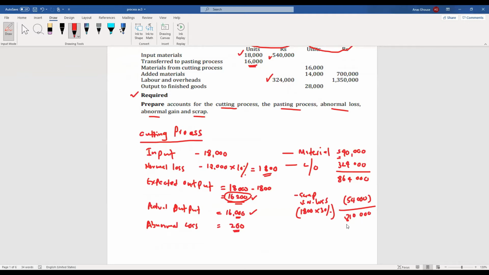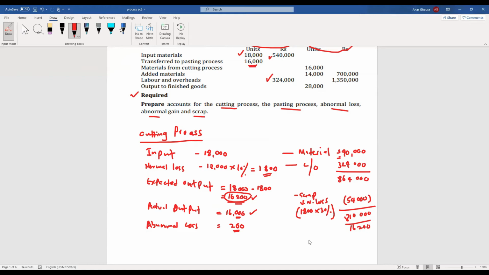This cost has to be divided by our expected output of 16,200, and that will be 50.